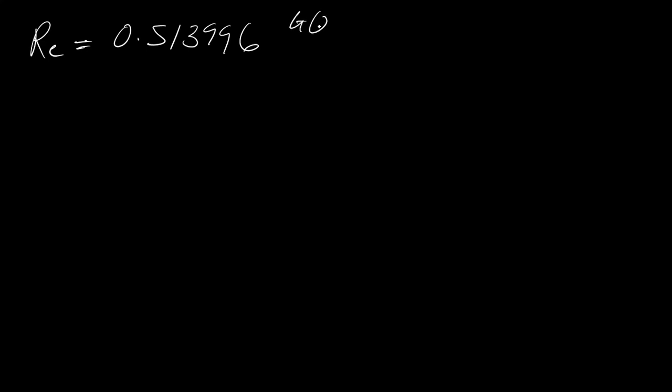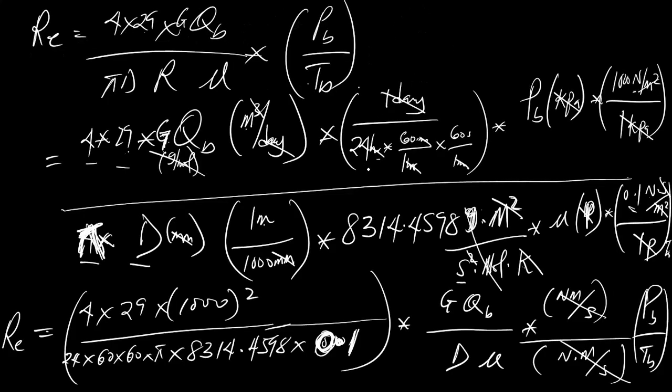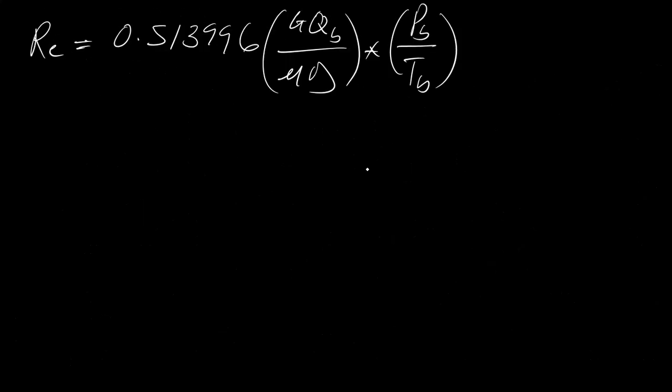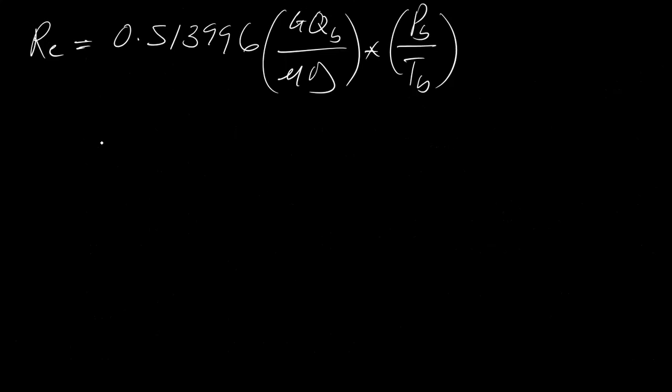G times Q at standard condition, divided by mu D, times pressure at standard condition divided by temperature at standard condition. So this is the end of this whole thing.